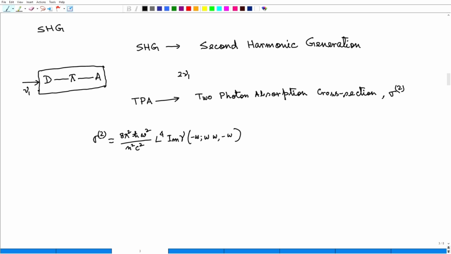Unit is GM. 1 GM equals 10 to the power minus 50 centimeter to the 4 second per photon per molecule.